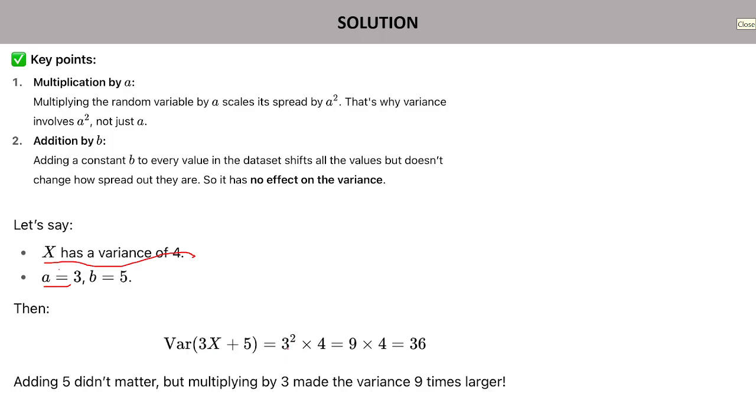So a squared is 9, and the variance will be 3 squared into 4, where 4 is the variance. So it will be 36, which means that adding 5 did not matter, but multiplying by 3 increases the variance by 9 times.